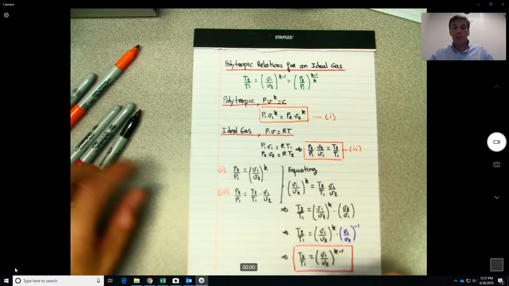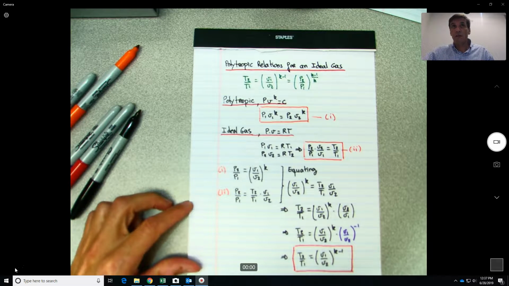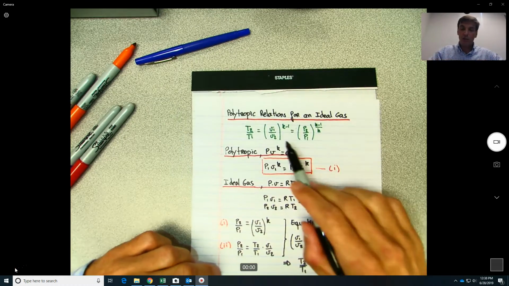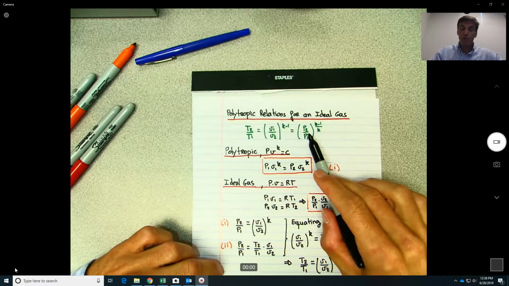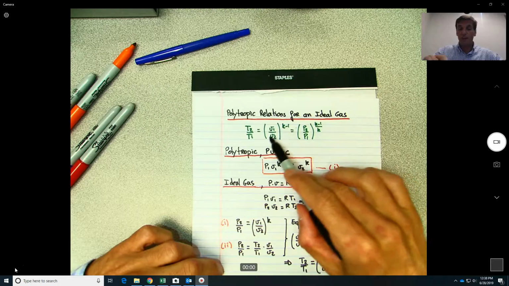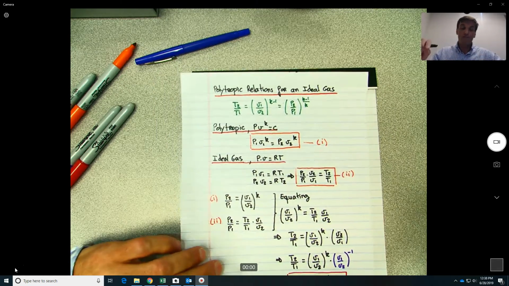So that means that we need to eliminate the V2 over V1. Okay, so actually in order to do that, we cannot go directly from here to here. We're first going to have to equate T2 to this expression, eliminating V, and then just say that these two expressions should also be equal to each other.